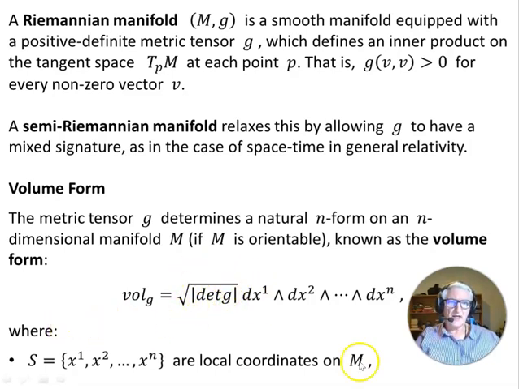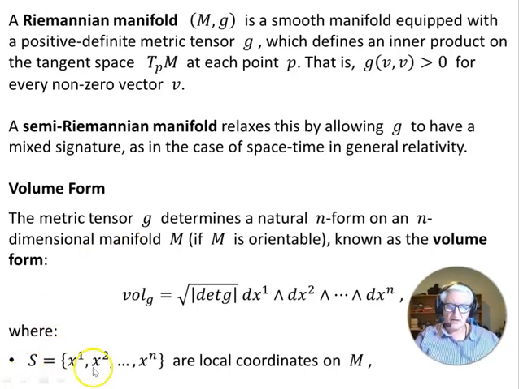Now, another aspect on the manifold is that it's generally the case that you don't have one coordinate system to cover the entire manifold. Generally, it does not happen. And so we're going to have a local coordinate system on M, a coordinate patch, and a number of coordinate patches together form an atlas and cover the manifold.